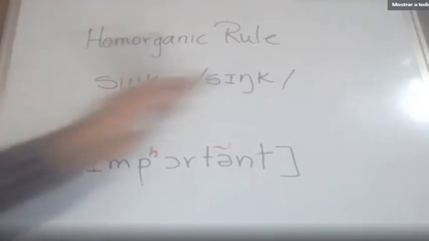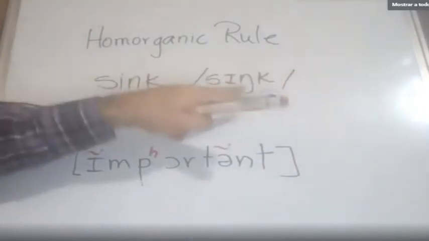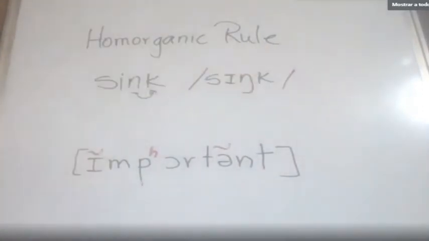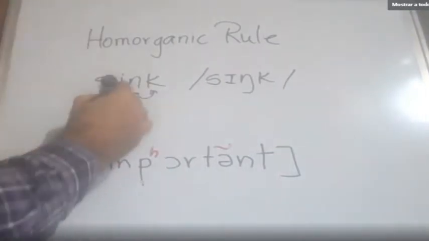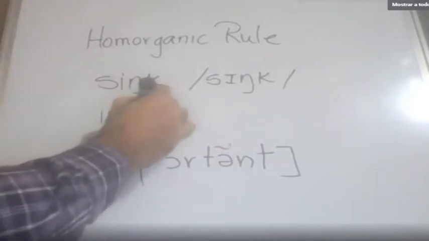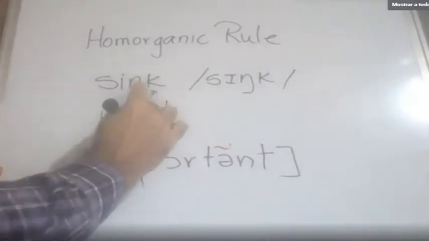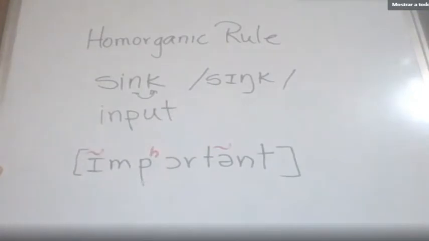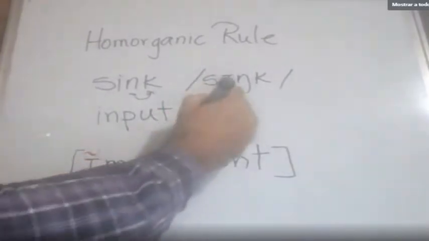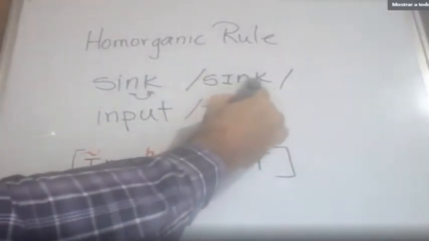The next consonant changes the place of articulation of the previous nasal. In English, we have this example also. You don't really say input with N, you say input with M. So the pronunciation would be this.